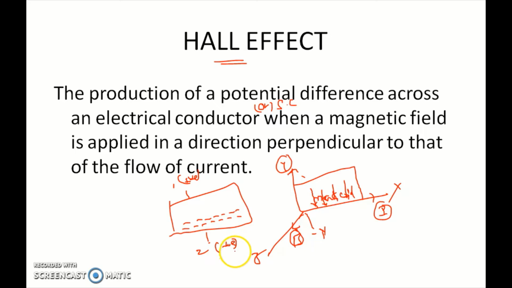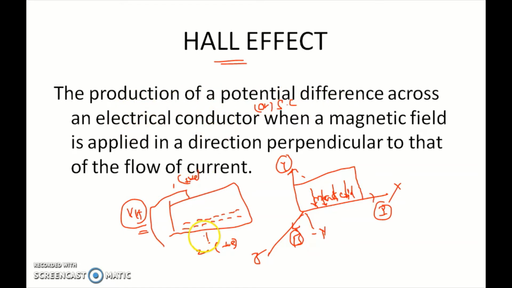If positive and negative charges exist at these two surfaces, then inside this material a certain voltage will be induced. That voltage is called the Hall voltage. That is the concept given: the production of a potential difference across an electrical conductor.